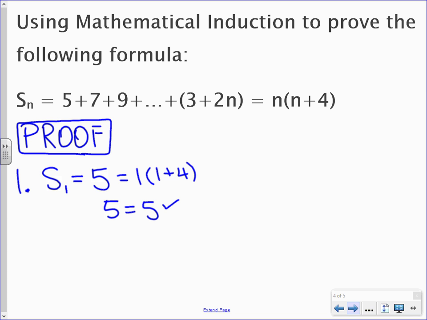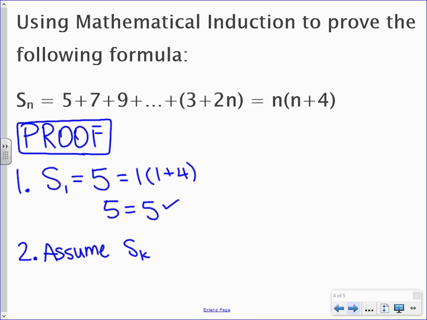Our second step, Kelsey. Okay, we need to start by assuming what? Okay, we need to assume, and I expect you to write that word. Assume it is true for k.